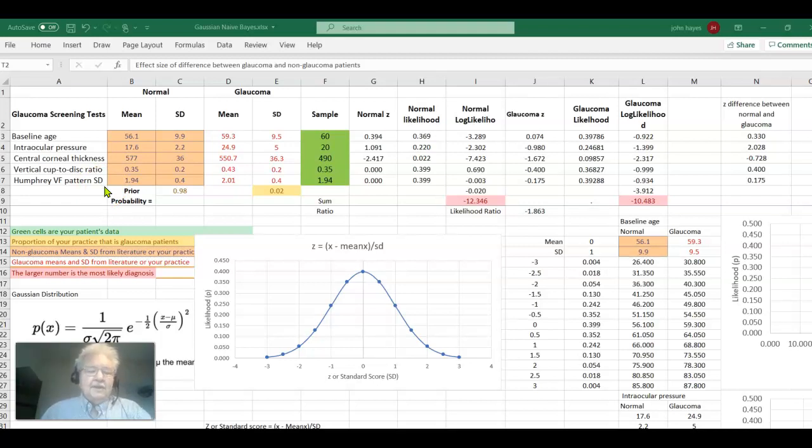Now this video is an example of how standard deviations are important in various aspects. Actually they're not even just important for describing the spread of a distribution, but sometimes they're used as an outcome measure, as in the Humphrey Visual Field Pattern.